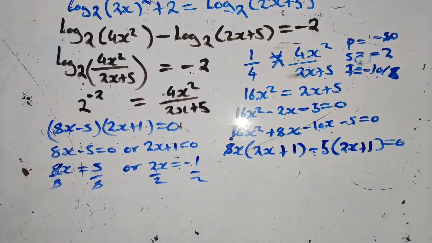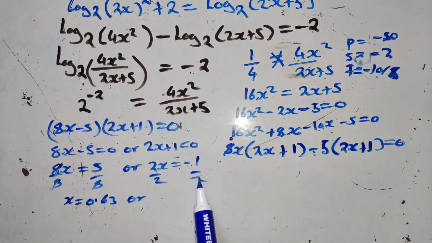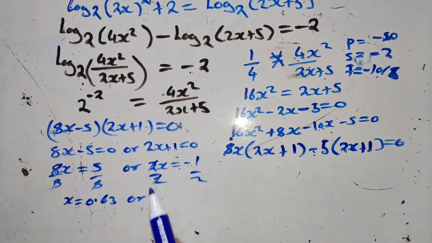So 5 divided by 8 gives you 0.63. So x was 0.63, or negative 1 divided by 2, which gives us negative 1 over 2. So these were the values for x.